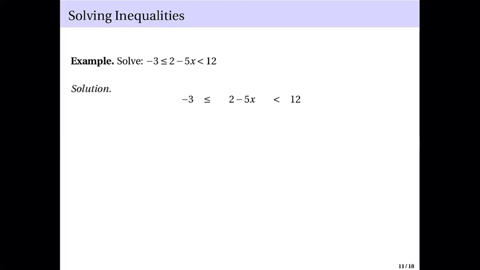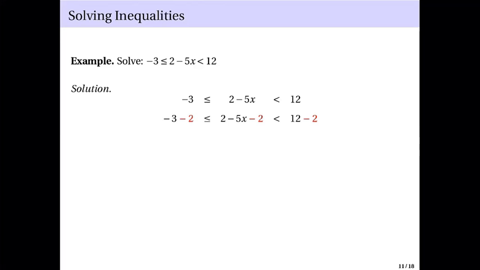You always put it at the middle. So we isolate x here at the middle. What we are going to do is add negative 2 at the middle, and therefore we also add negative 2 on the leftmost and on the rightmost. So you add negative 2 to all parts of this inequality chain.